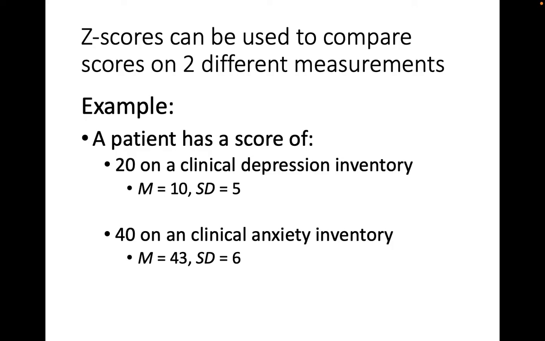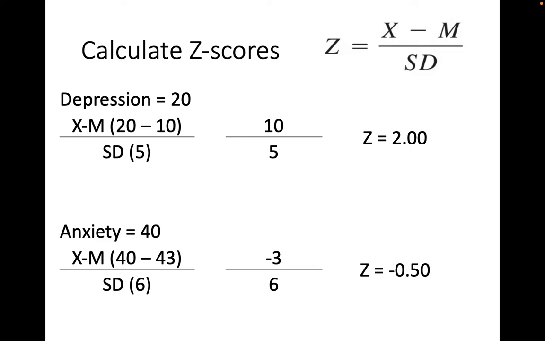Well, right there, we can just use the mean and we can compare 20 to 10 and compare 40 to 43. And we can already see that this person scores higher than the average on depression, but slightly lower than the average on anxiety. But we're going to go one step forward and we're going to express that more precisely as z-scores.